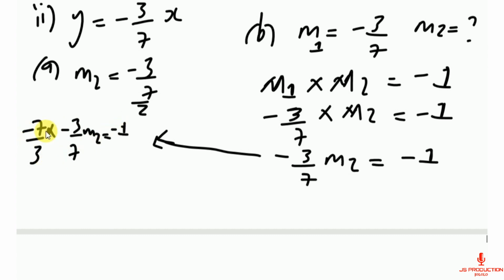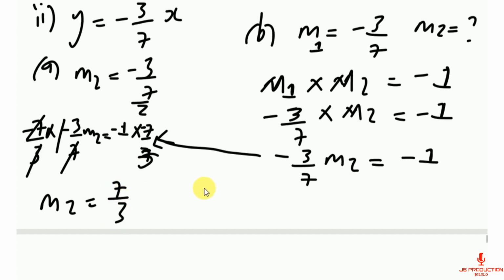As you can see, the 3s and 7s cancel. So we're going to have M2 equal to, sorry, this is negative 7 over 3, so the right side becomes 7 over 3. So our gradient 2 of the perpendicular line is going to be 7 over 3.